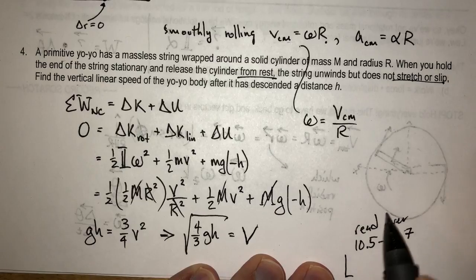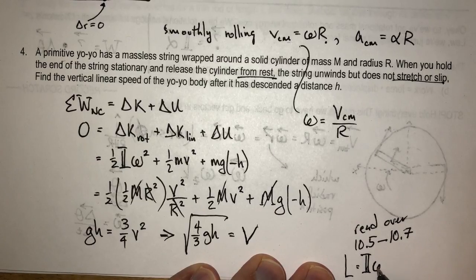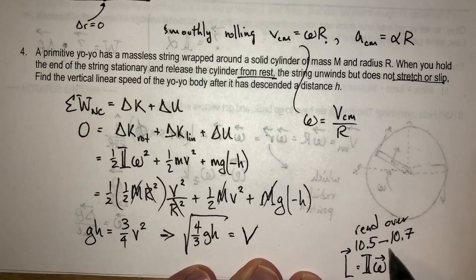We're going to use the symbol L, but it's rotational mass times rotational velocity, just like regular momentum is mass times velocity. No surprises here. 10.7 is a little complicated, and we will go over that the next time we have class in person.